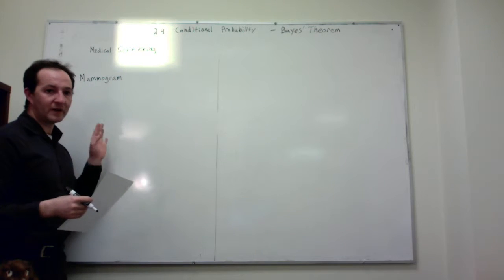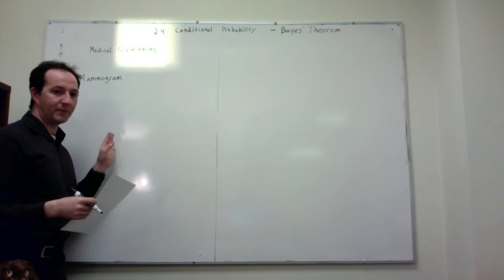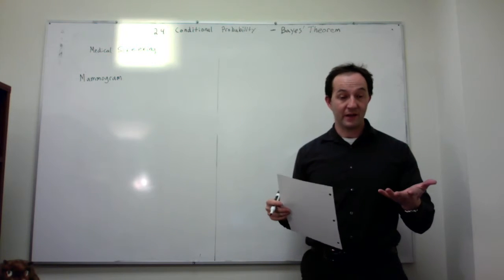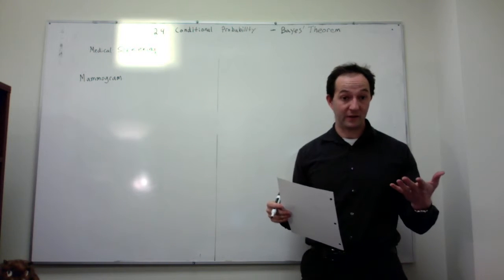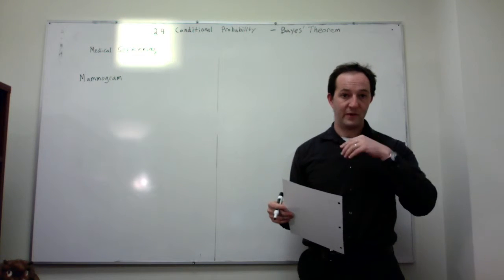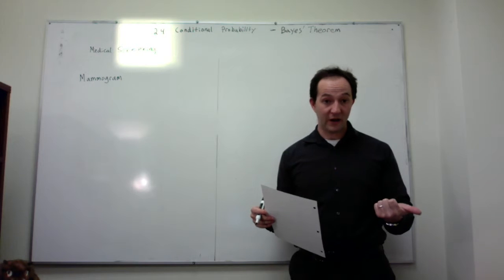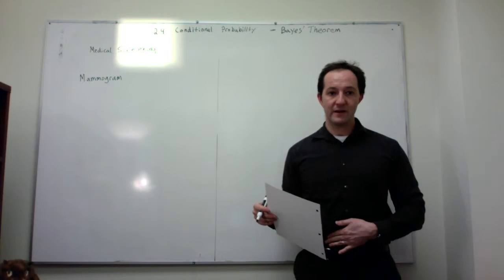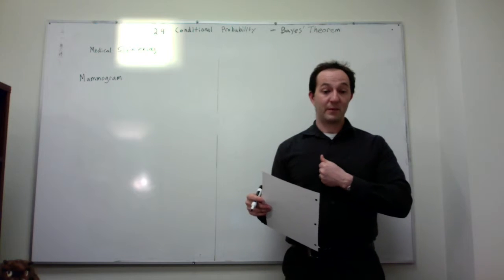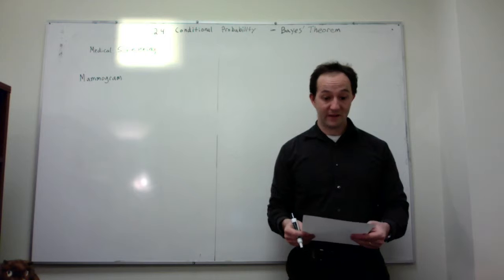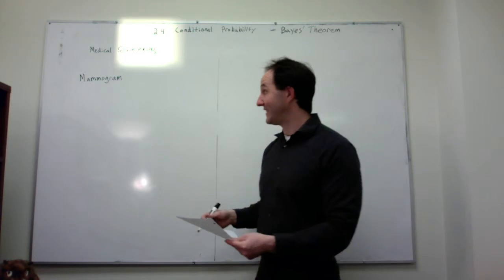Medical tests are not noise-free. So what I mean by that is anytime you have a medical test, there's a possibility that the test could have error. So it can have false positive error or false negative error. And that error is described probabilistically by the so-called sensitivity and specificity of the test.